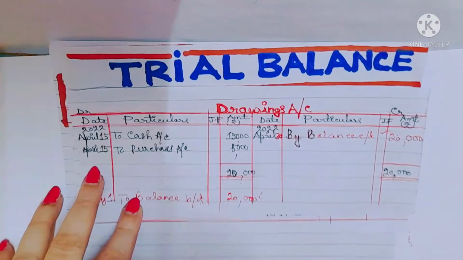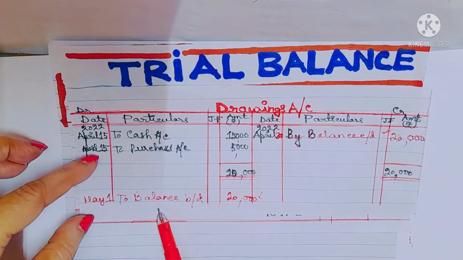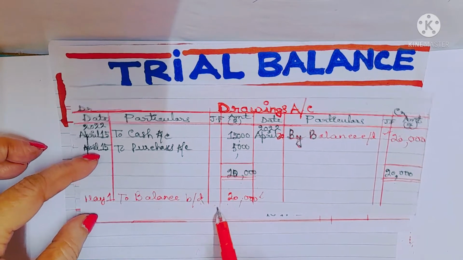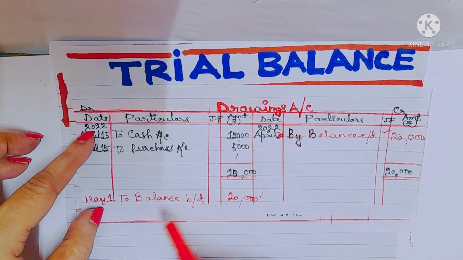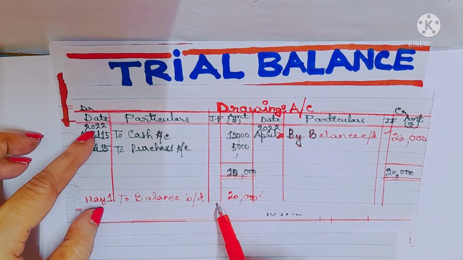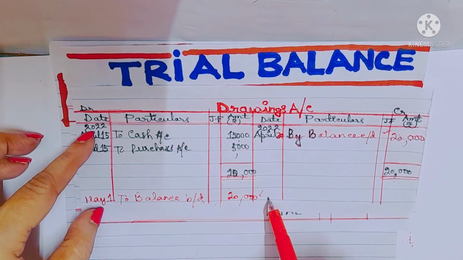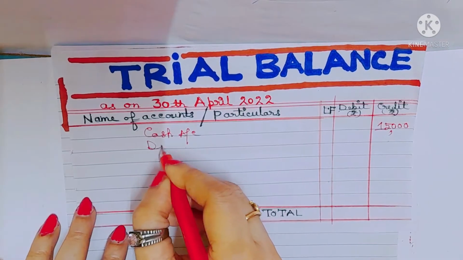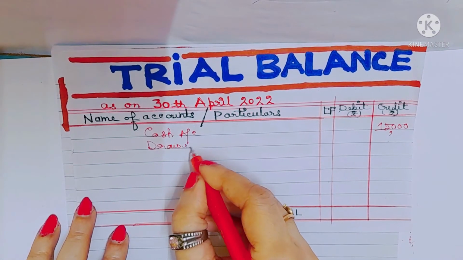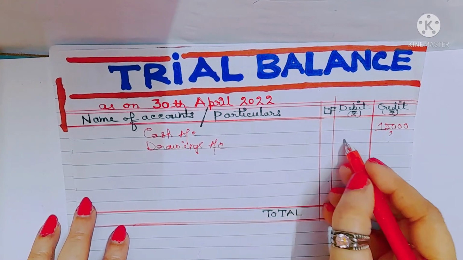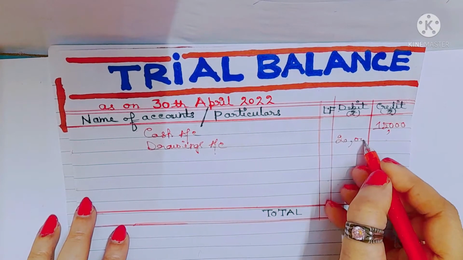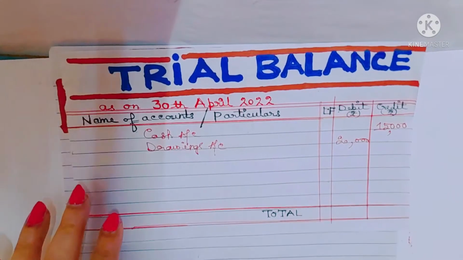See drawings account. Is drawings account a debit balance? Yes, drawings account is a debit balance because debit side is greater than credit side. And moreover, to balance BD is written beneath the debit total, 20,000. Understood? Let's write. So let's see the next account.